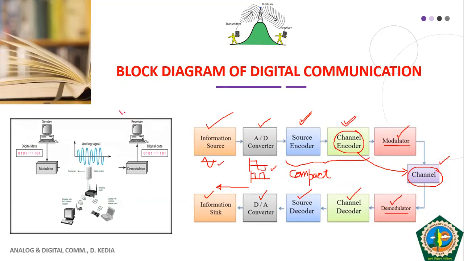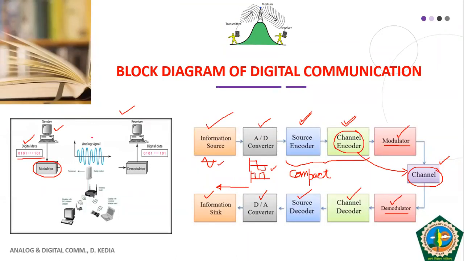If you look at this figure on the left hand side of this slide, it further clarifies our concept of digital communication. Here you can see that I have directly represented my information signal in the form of digital data, or in the form of 0 and 1. And you all know that a computer is a digital device. Whatever data comes from a computer is in the form of ones and zeros. That digital data is passed on to the modulator, which modulates the digital data onto the analog carrier.